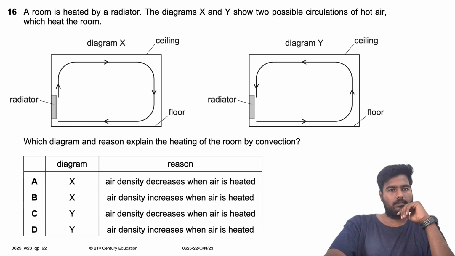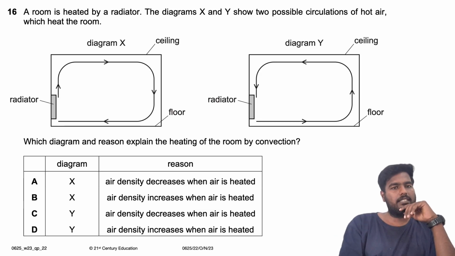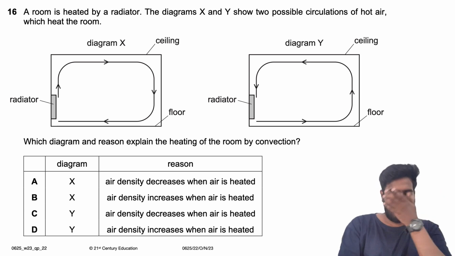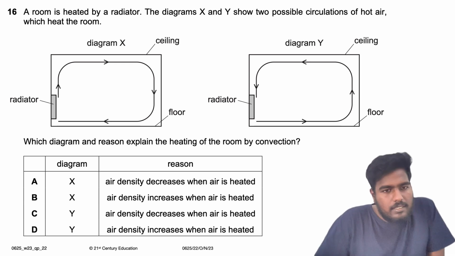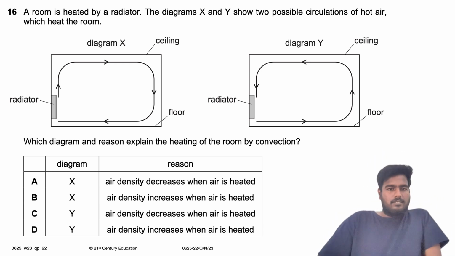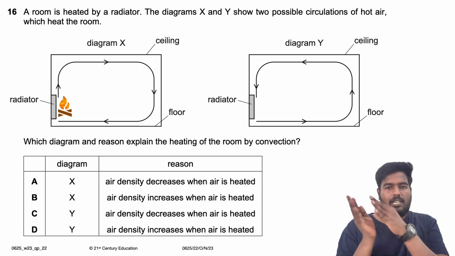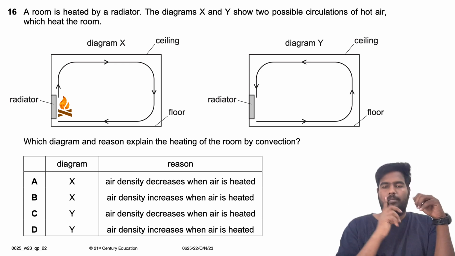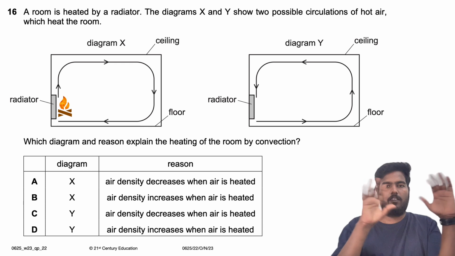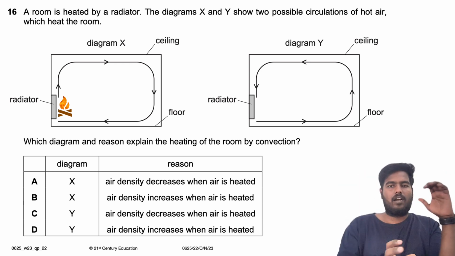A room is heated by a radiator. The diagrams X and Y show two possible circulations of hot air which heat the room. Which diagram and reason explain the heating of the room by convection? What happens if you put a heater? Let's say we are heating some place. The air density in that place becomes a little less because, because of heating, the particles vibrate faster, move away from each other, and occupy a larger volume.